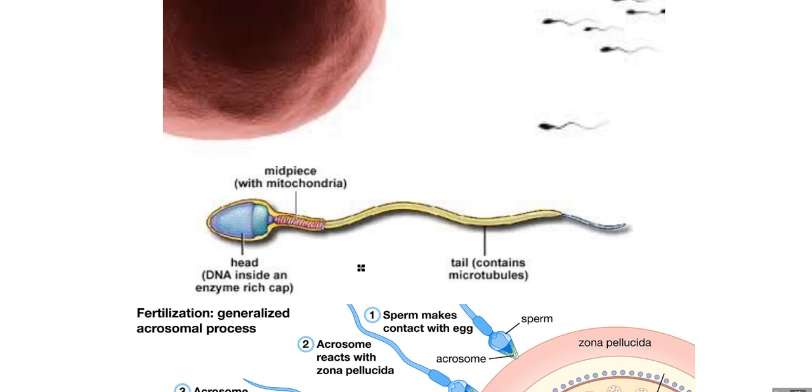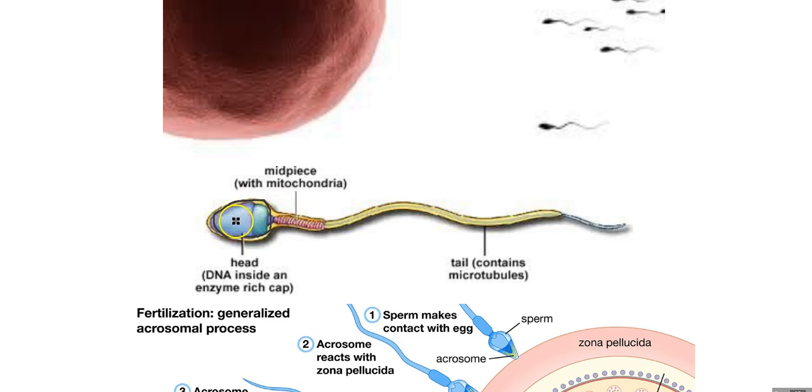If we look more closely at a sperm cell, notice that the vast majority of it is just DNA. All of this head is DNA with an enzyme-rich cap right here. It does have some enzymes to start breaking down some of the outer layers of the egg to fertilize it, but other than those enzymes, it's pretty much DNA.